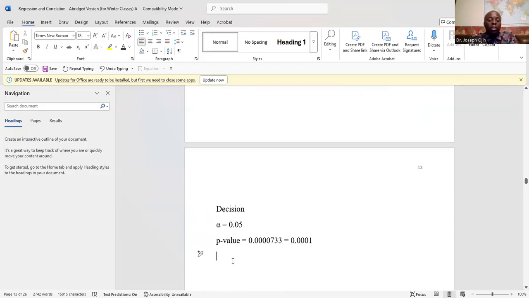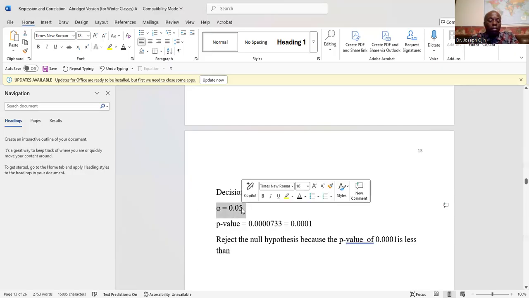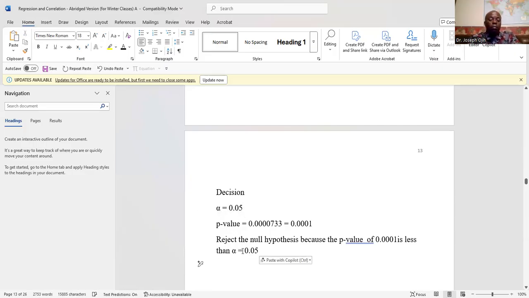So since the p-value is less than alpha, we reject the null hypothesis, because the p-value of 0.0001 is less than the alpha of 0.05.